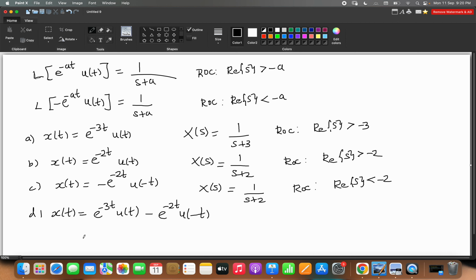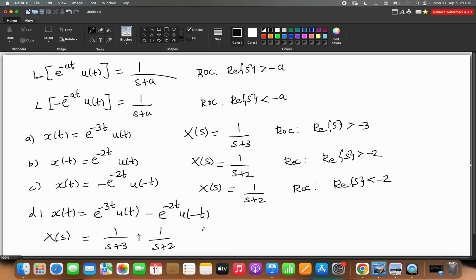For this problem, you know the x of s for the first term, which is 1 by s plus 3, and you know the x of s for the second term, which is nothing but the Laplace transform of minus e power minus 2t u of minus t, 1 by s plus 2.